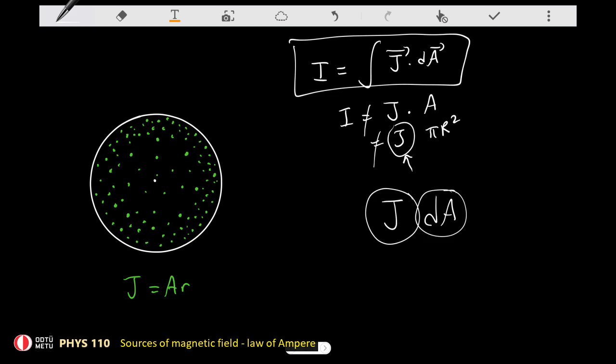In that case, this formula would be correct. But of course, I have to evaluate some kind of an integral too. That's essentially what we do. But instead of choosing these infinitesimal areas as small pieces in here, we just choose them as circular in shape.